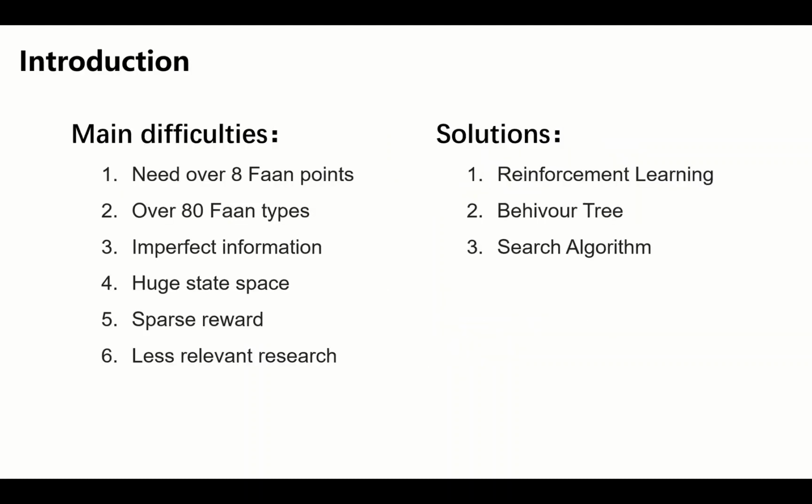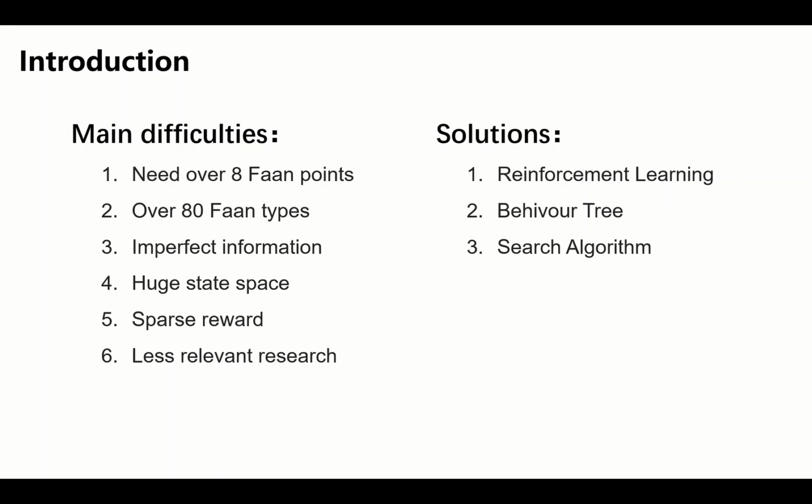First, let's introduce the main difficulties of the Chinese standard Mahjong AI we thought. The first one is its high win fans, which makes it completely different from Japanese Mahjong or other Mahjong types. The second one is its large number of fan types, which leads to a wide range of Chinese standard Mahjong strategies.